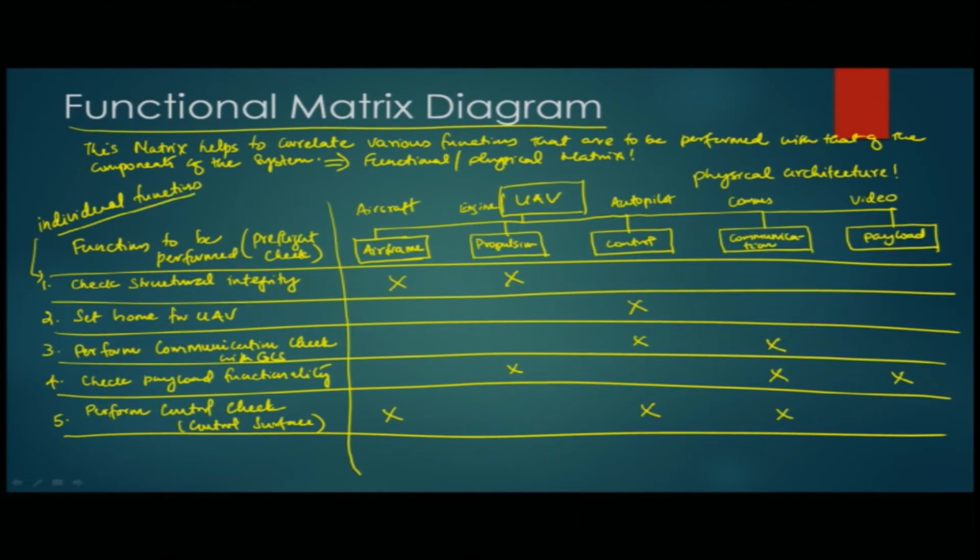These individual functions are to be performed at some point in time, and once they are, we take the physical architecture, the physical aspects of the system that are relevant to this, and put cross marks on it. That means these are the parts that are to be used to realize that particular function.